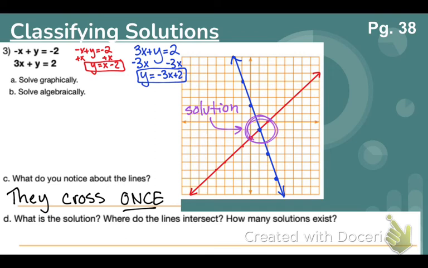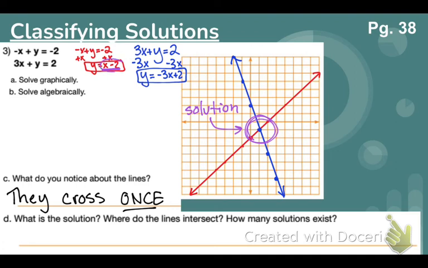So right now we have two equations, y equals x minus 2 and y equals negative 3x plus 2. If I wanted to substitute one of those in, I would look at one and say, the red equation says y equals x minus 2.